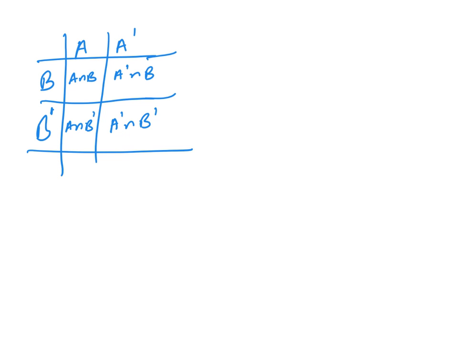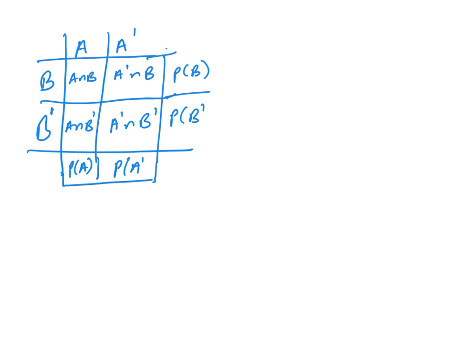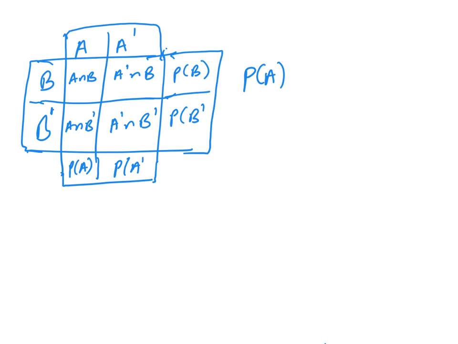So what do we do with these results? Here we put the probability of B and the probability of B complement. Then here we put the probability of A and the probability of A complement. So it becomes very easy for us if we want any of these results. If you need the probability of A, just look in here.